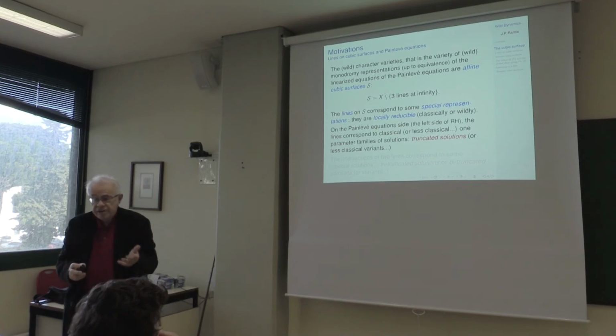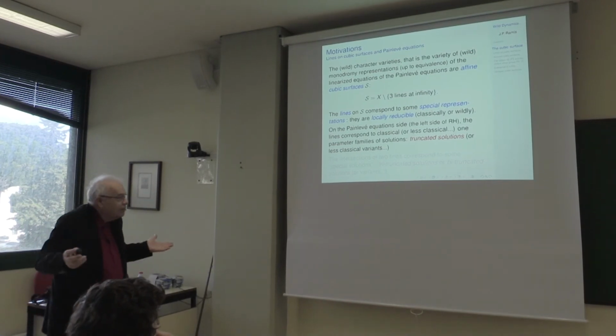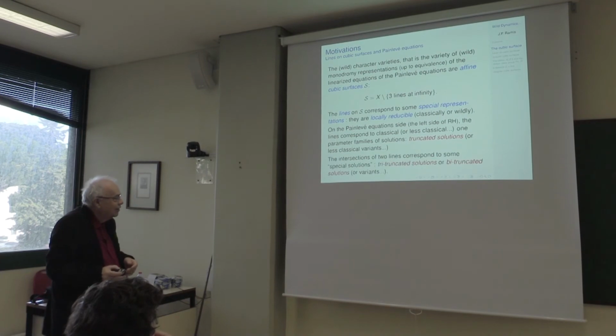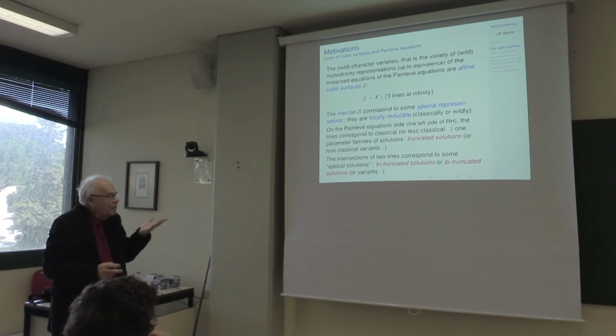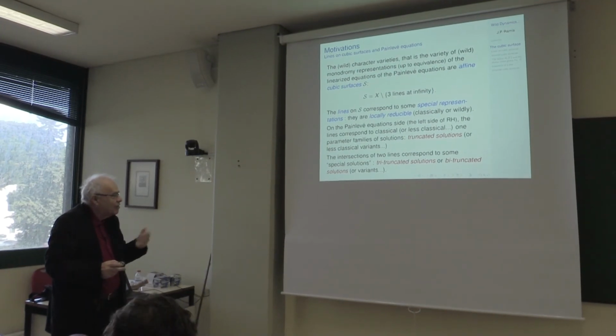And in other cases, like for P6, for instance, apparently it's not classical. So for P2 it is a truncated solution. For P6, we give the same line. Of course, they are not truncated, but it's formally similar.